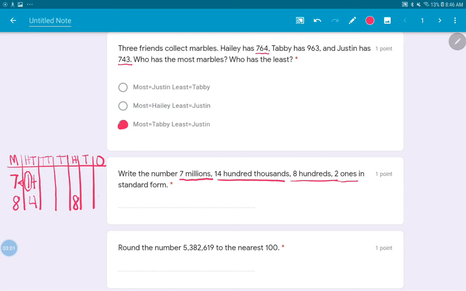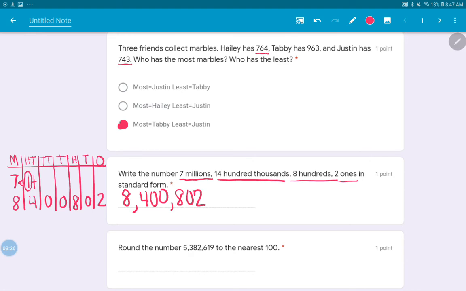In the ones place. How about all these other place values that I don't have any digits in? What do I do there? You put zeros. So when I write that number in standard form, I have 8,400,802.